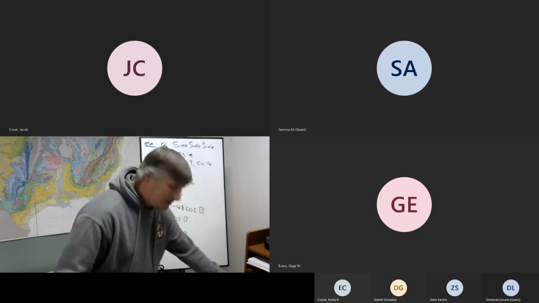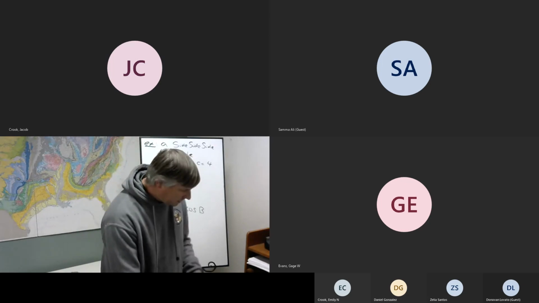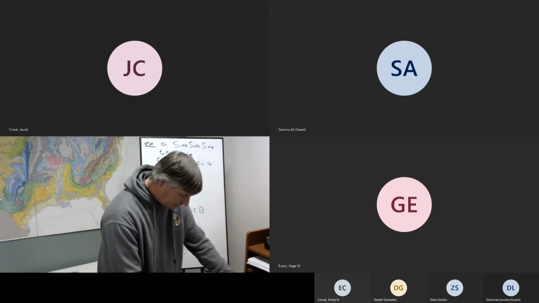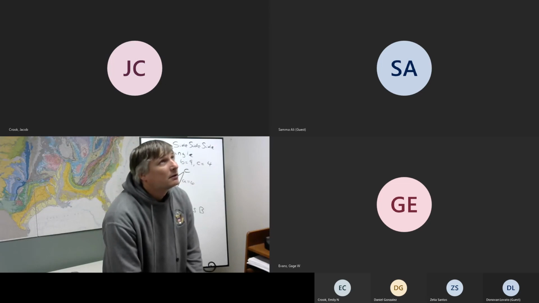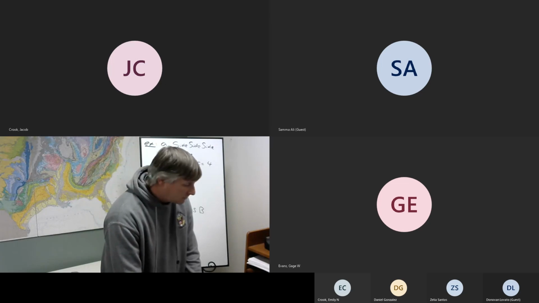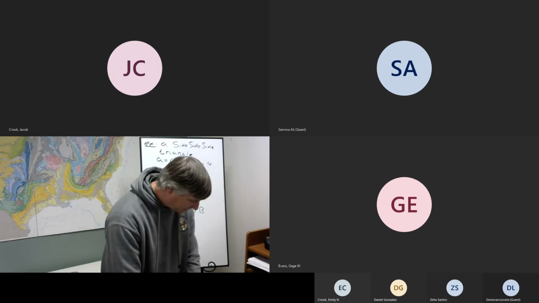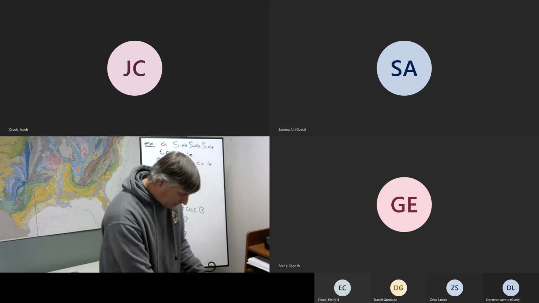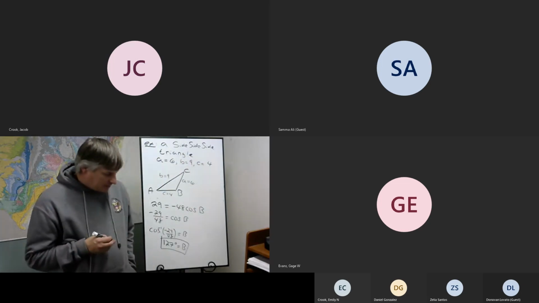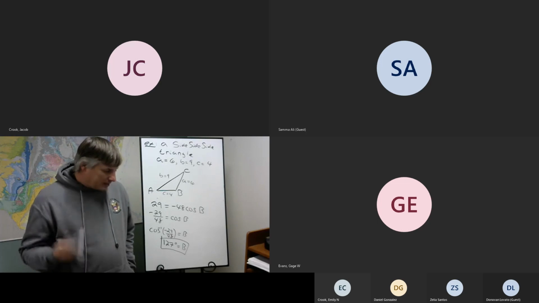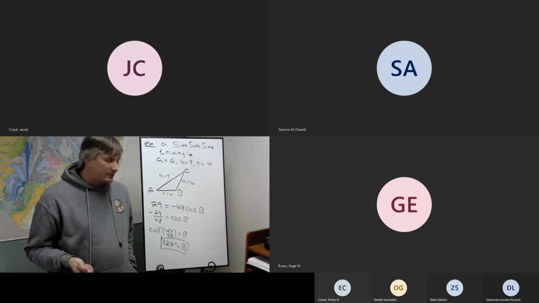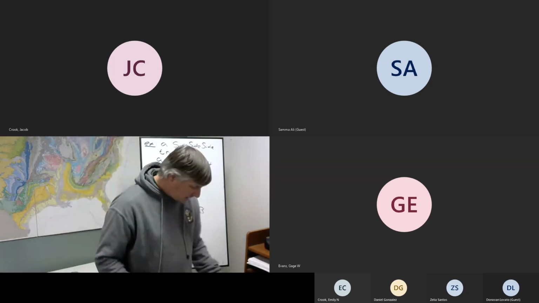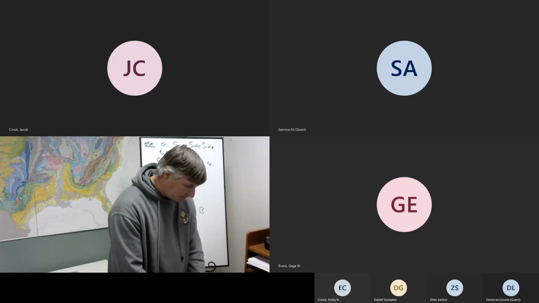Let me double check something. Your cosine inverse should allow negative values there, so you should be okay. That's why they're doing that. If you did 29 over 48, which is what they do in the text, you'll get 53.